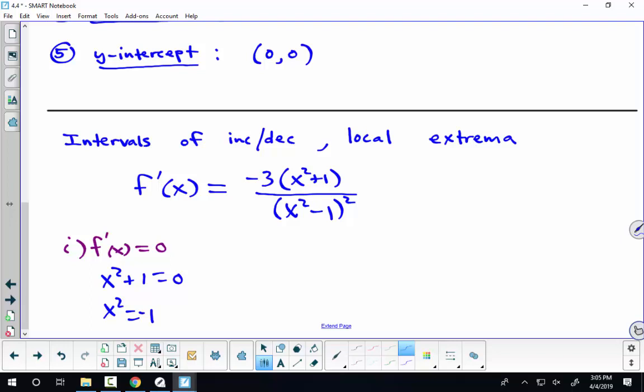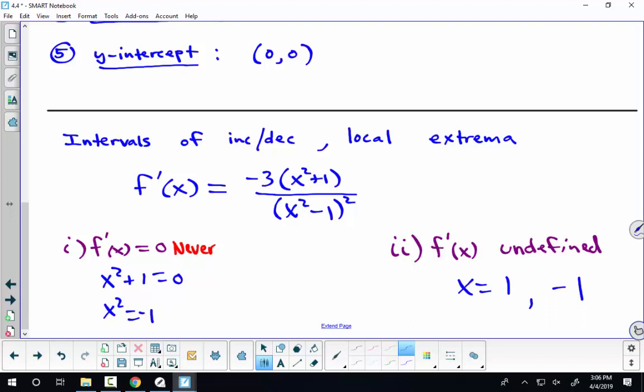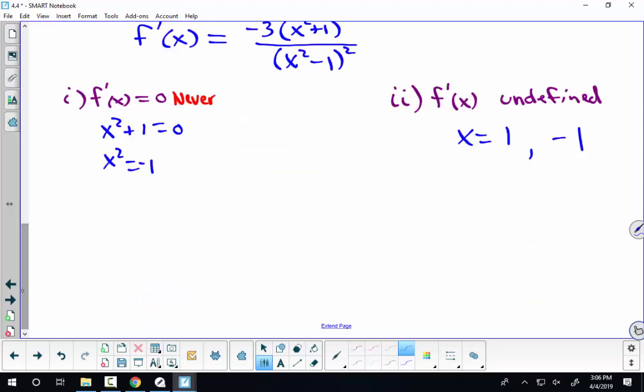Not for any real numbers. When is the first derivative undefined? I'm sorry, first derivative undefined, my bad. 1 and -1. Yeah, when the denominator is 0, at x equals 1 and -1. Are those critical points? No, how come? They're not in the domain.